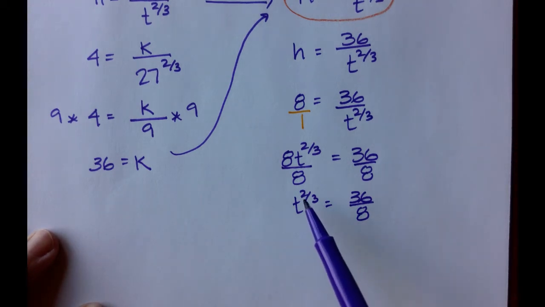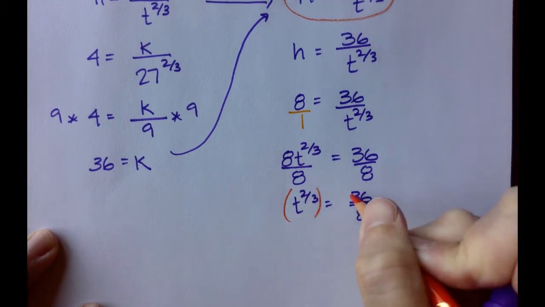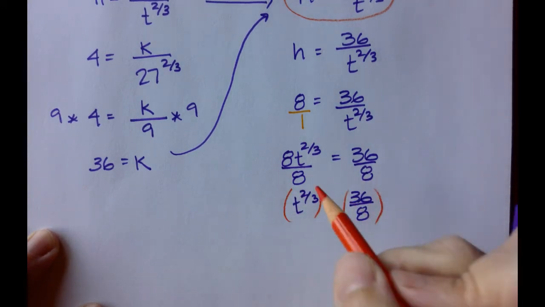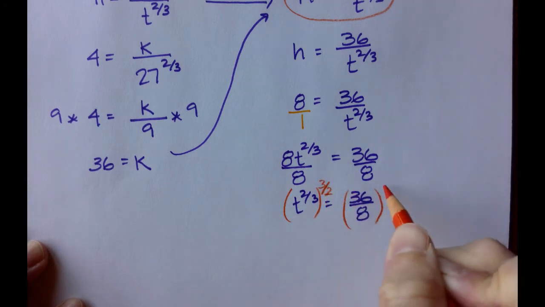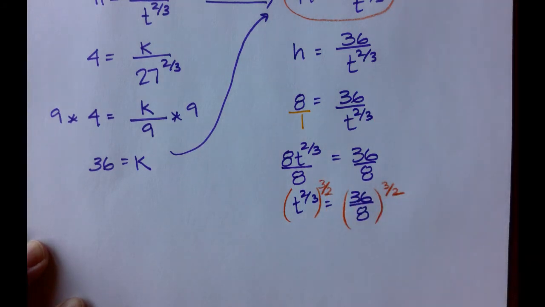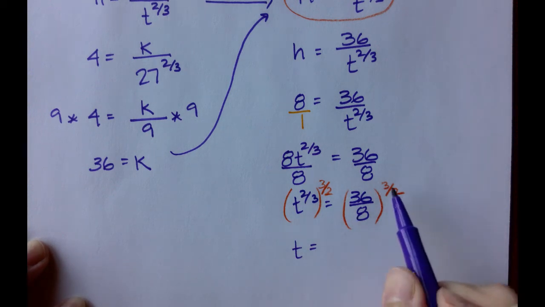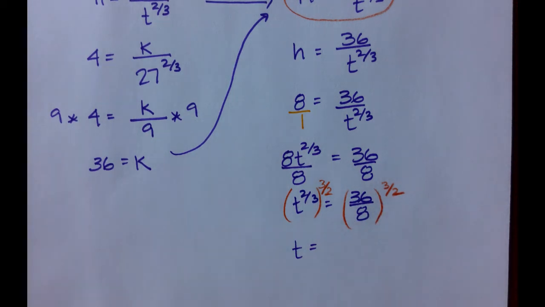When you want to work on t to the 2/3 to make it just plain t, we will use a reciprocal exponent on both sides of the equation. The reciprocal of 2/3 is 3/2. That leaves on the left-hand side of the equation t equals, and then we can go grab a decimal value for 36/8 raised to the 3/2.